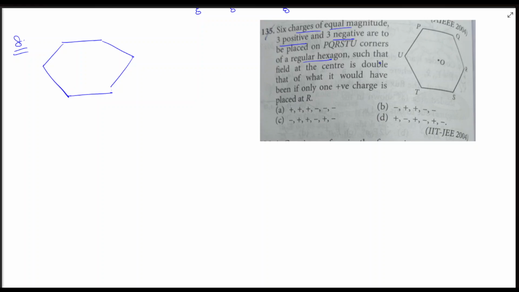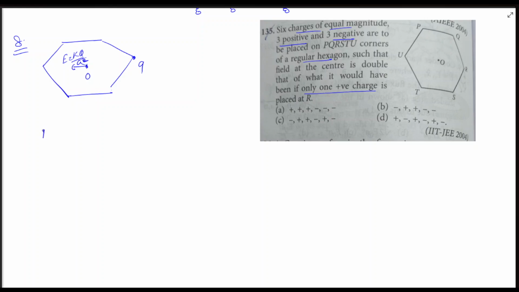Such that the field at the center is double that of what it would have been if only one positive charge were placed at R. So if there is only one charge at R, then the electric field will simply be KQ by A square, right?